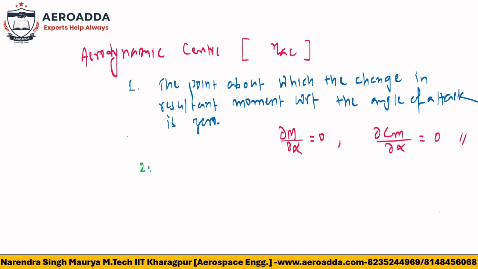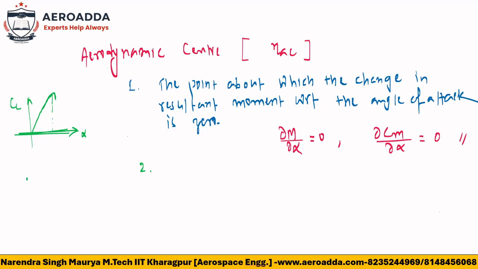Now coming to the next point, 2. It's the same thing, because for the airfoil you have seen already, it's nothing but the CL versus alpha curve. It's linear, correct?